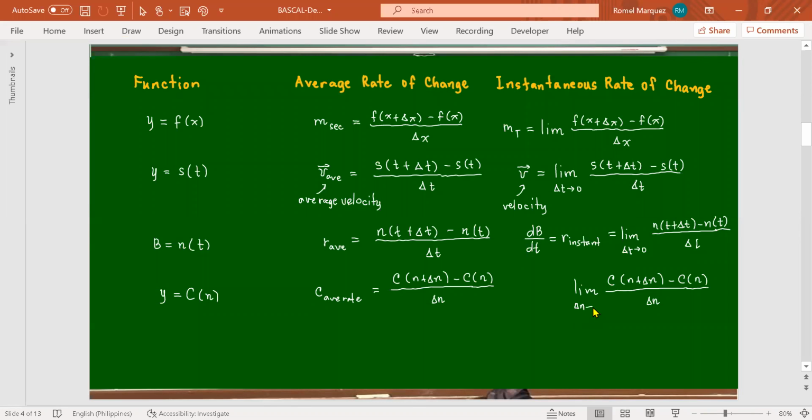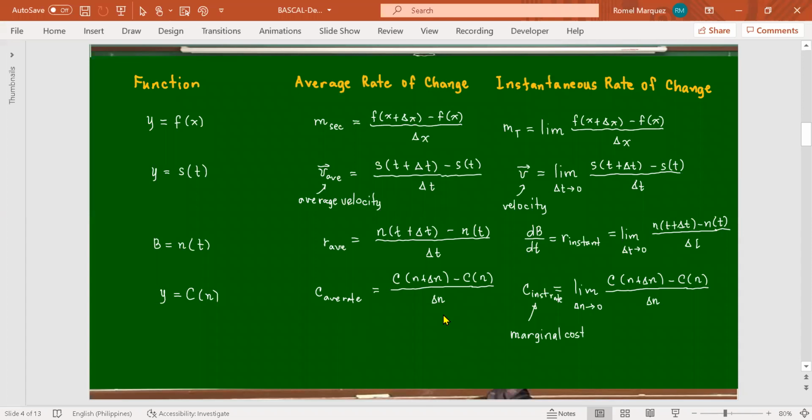As delta n approaches 0, ang tawag dito, marginal cost. Marginal cost is the instantaneous rate of change of cost with respect to the number of items produced.